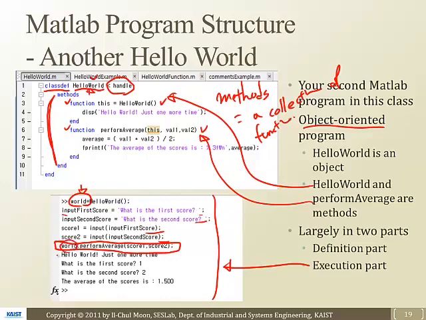This word becomes a gateway to call this perform average, and score 1 and score 2 are given. Of course, at this moment you might wonder where this is used, right? That should be explained later, okay?